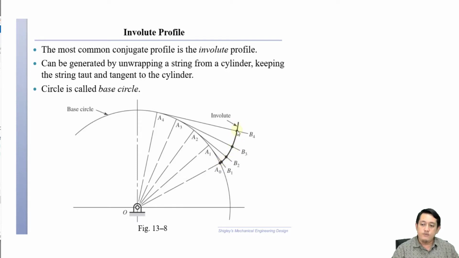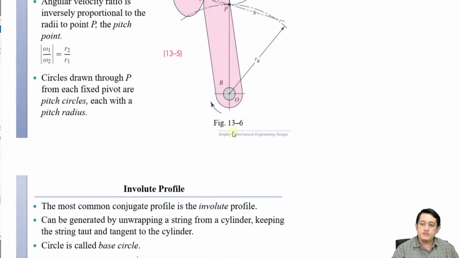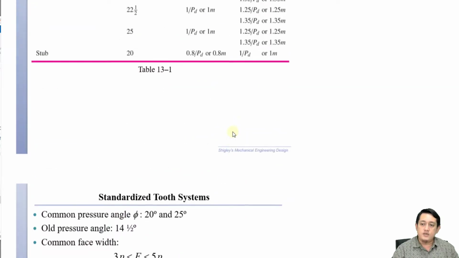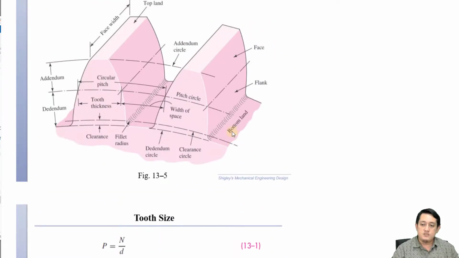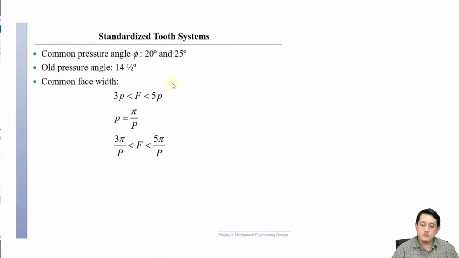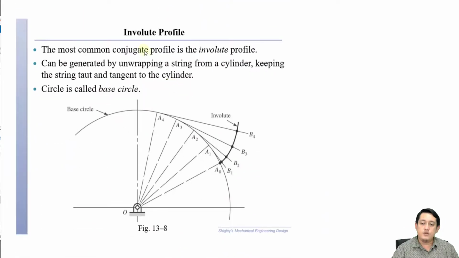This involute line represents the shape of our tooth. So how can we make this involute profile?